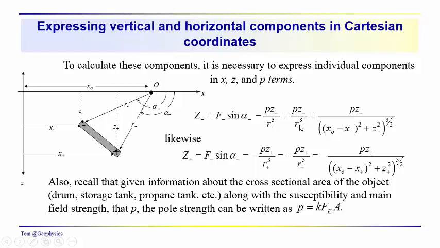And if we express r explicitly in terms of x and z, we have x0 minus x, the quantity squared, plus z minus squared, to the 3/2 power. And then we could do the same thing for the positive pole.